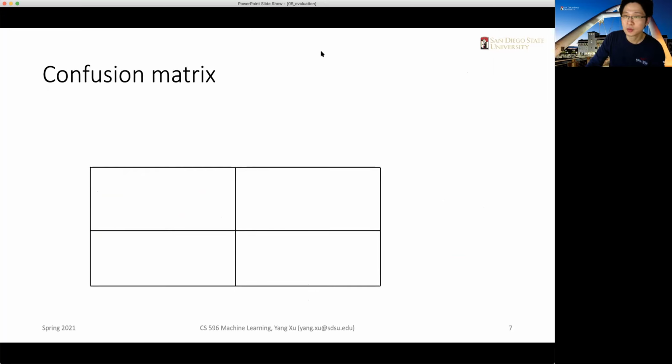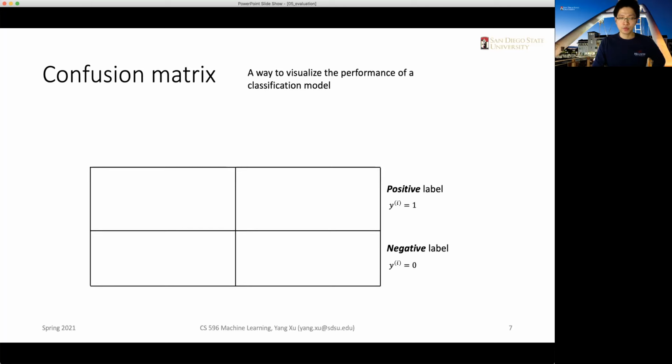Okay, so what we're gonna do is draw something called a confusion matrix. In this case, it's a binary classification, so we're gonna draw a 2x2 matrix, a 2x2 grid.